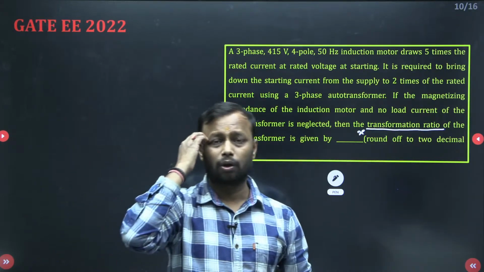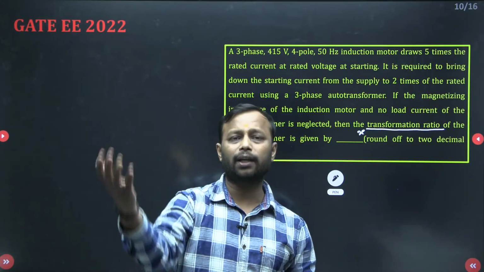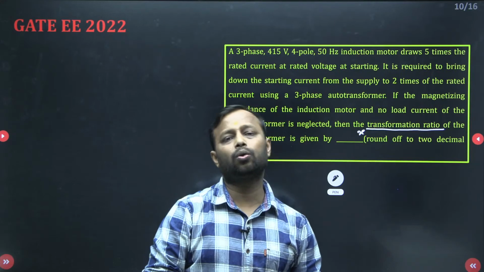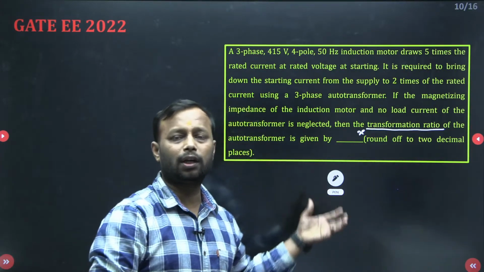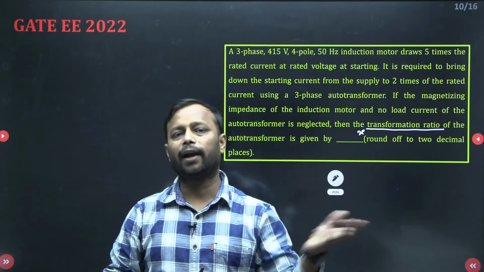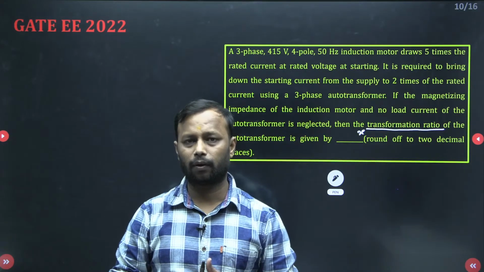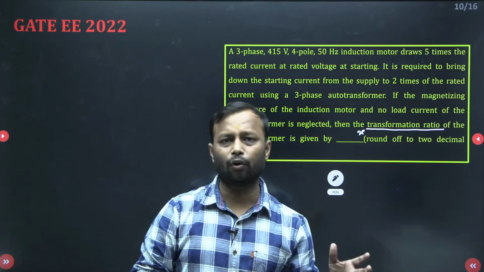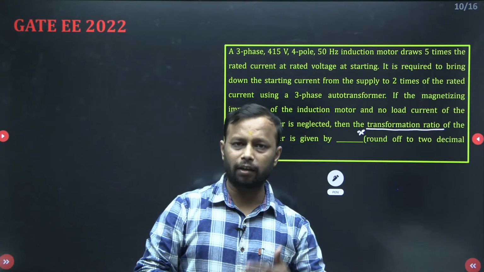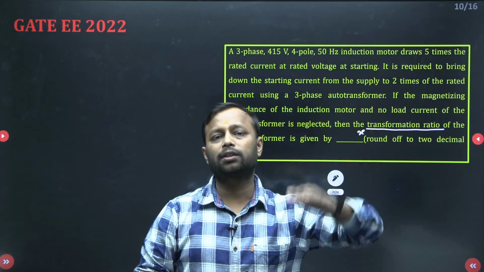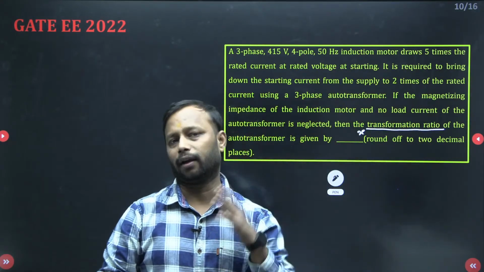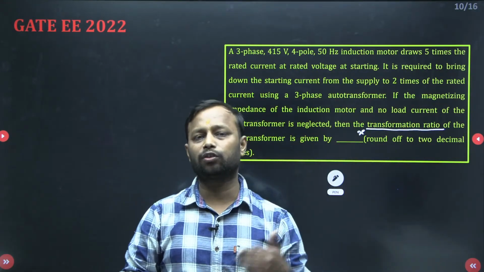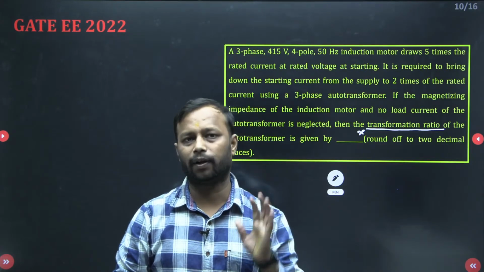If such a high current flows into the windings of the 3-phase induction motor, your winding is going to be damaged, the stator winding and the armature winding. Therefore, we need to adopt certain techniques to limit the starting current. That particular thing is known as the starting method of 3-phase induction motor.